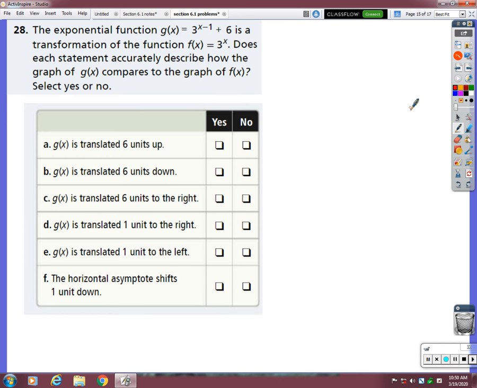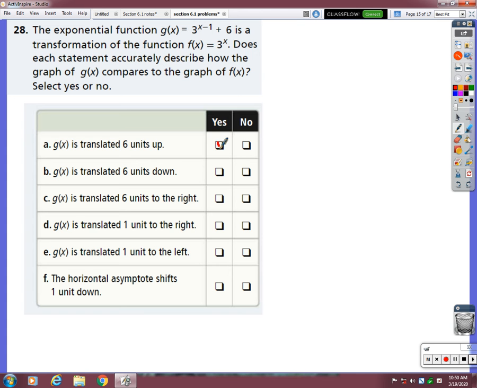28. All right, the exponential function g of x equals 3 to the x minus 1 plus 6 is a transformation of the function f of x equals 3 to the x. That is true. Does each statement accurately describe how the graph of g of x compares to the graph of f of x? Well, I can see that this is going to be moved to the right 1 and up 6. So g of x is translated 6 units up.